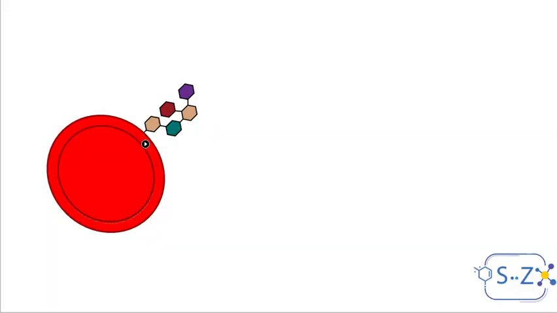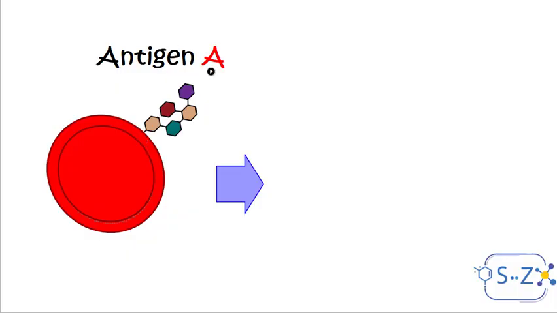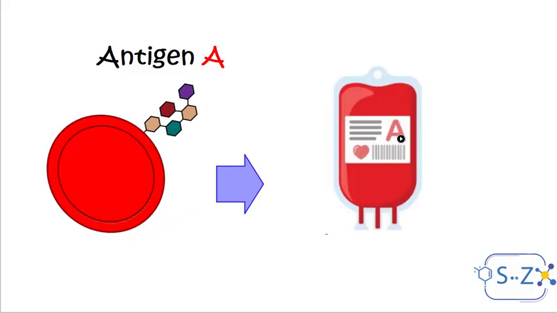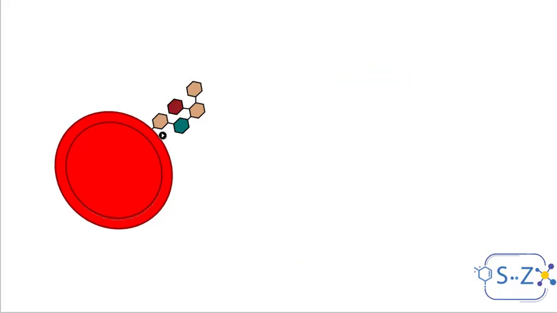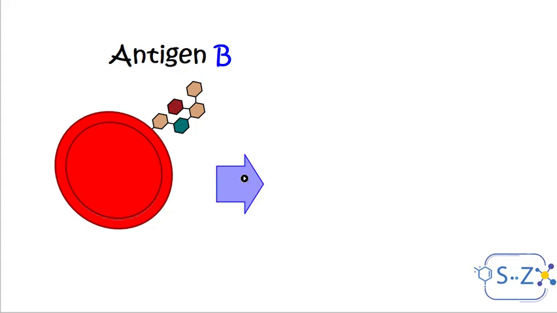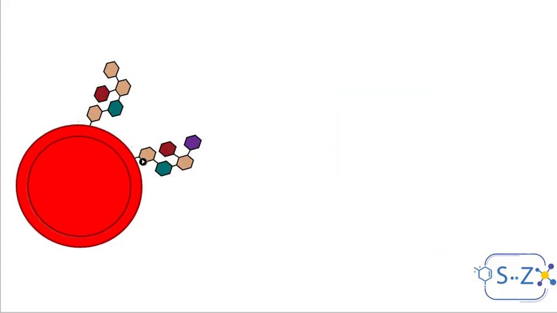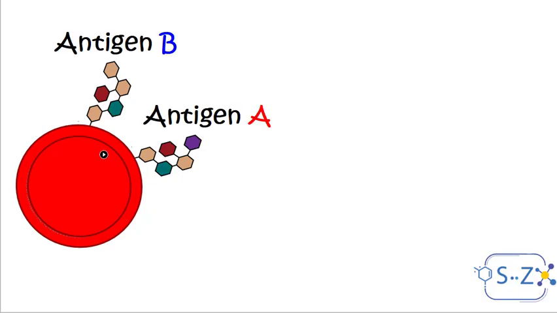In this case, we say that his blood group is A. So if there is antigen A on the red blood cells, the person is of blood type A. While if another person has antigen B on the surface of his red blood cells, of course his blood type will be B. Now, if a person has both antigen A and antigen B, what do you think the blood type would be?